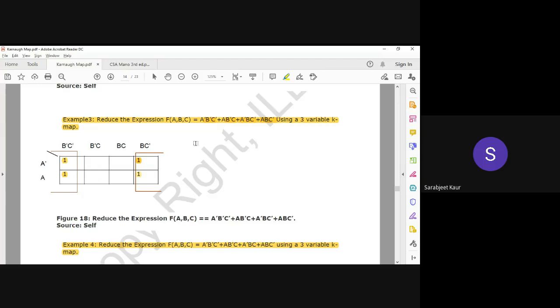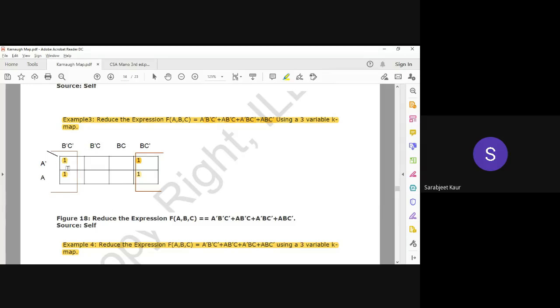So for the time being, please treat this as C dash. I think in printing also, sometimes there are some errors. So just mark a dash here. Then this becomes the Karnaugh map that we see here.